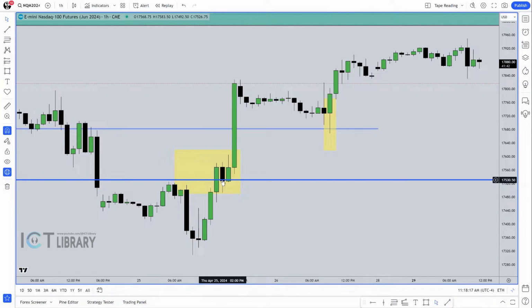That means what's occurring? The algorithm that you don't believe exists is now going to spool price higher. But this rally, when it runs, what is it reaching for? If there's a change in the state of delivery, it's going to seek the opposing side of what? Liquidity or inefficiency. That occurs right here. To the left, what do we see?